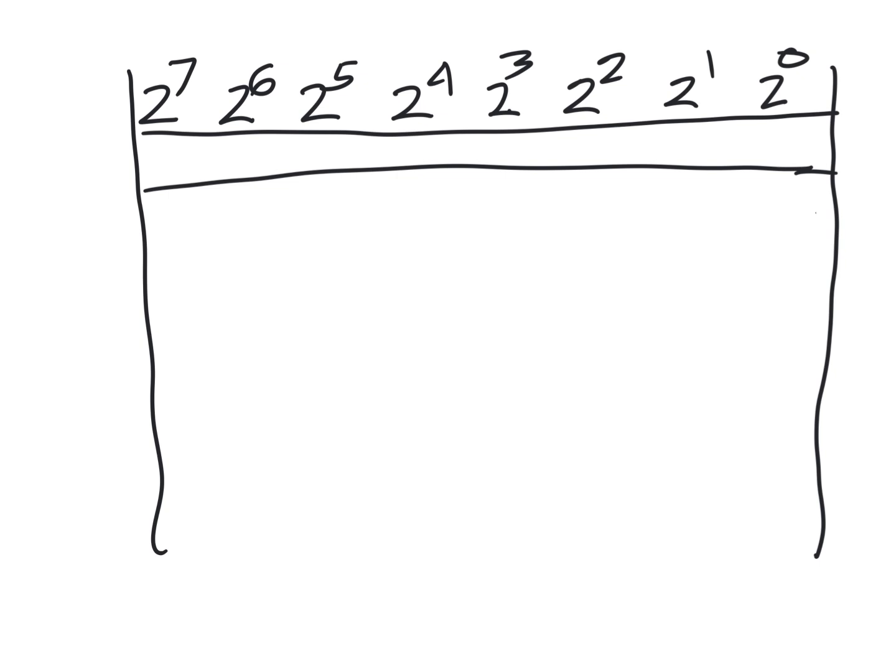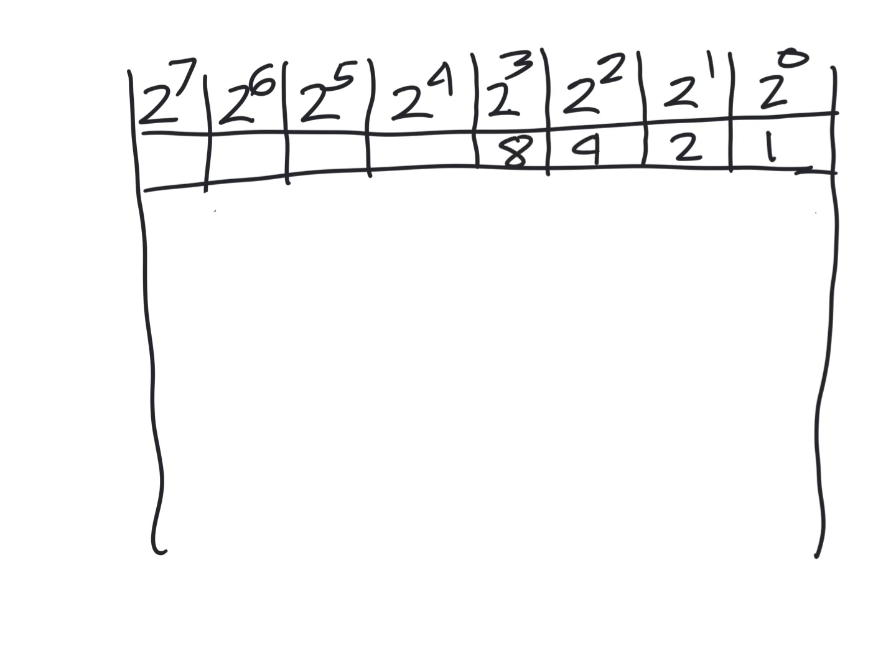Okay, and let's go make a little table like there. Okay, now let's write the weighted values: 1, 2, 4, 8, 16, 32, 64, and 128.